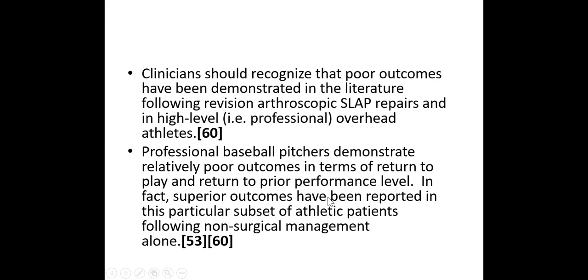And we have said before that different evidence can come. Earlier we said that according to that study, surgical management and non-surgical management were almost equal in patient outcomes, including pain relief and return to sports.